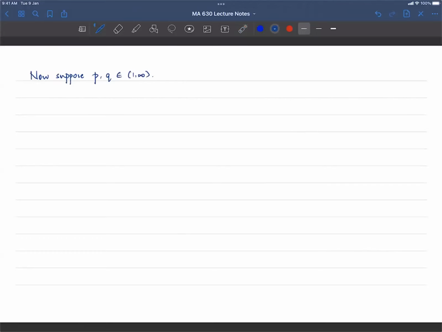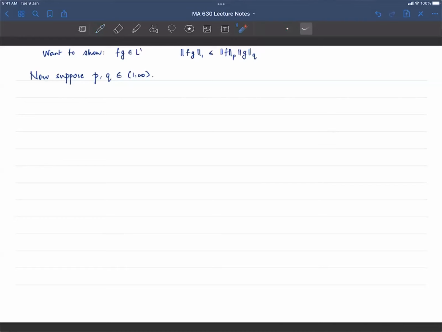So now, let me just copy what I want to show. I want to show that F times G is in L1, that the norm of Fg in L1 is less than or equal to the P norm of F times the Q norm of G. This is what I want to show. I think you will agree with me.